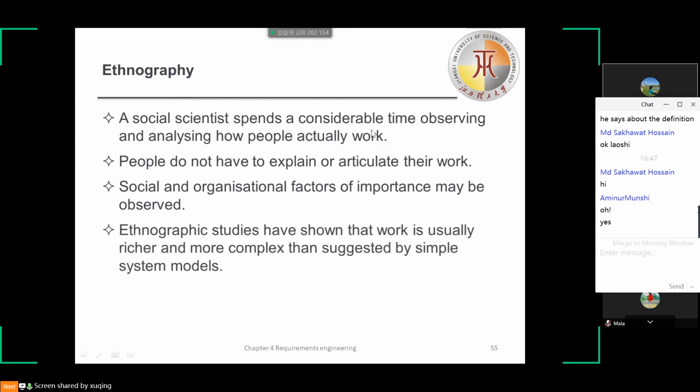And we say that ethnography studies have shown that work is usually richer and more complex than suggested by simple system models. Normally the actual work practices are much richer, more complex, and more dynamic than the simple models assumed by office automation systems.